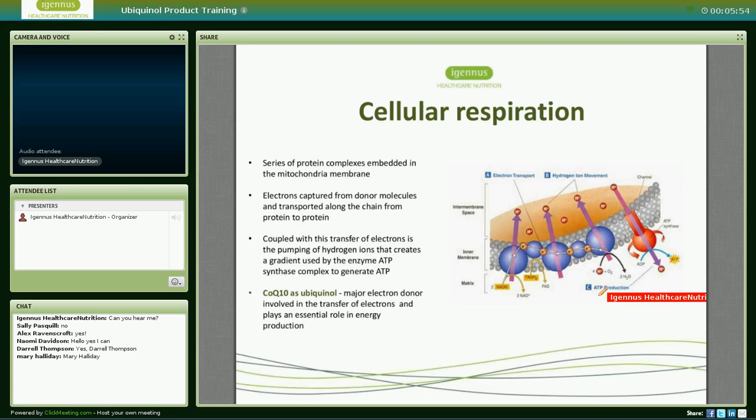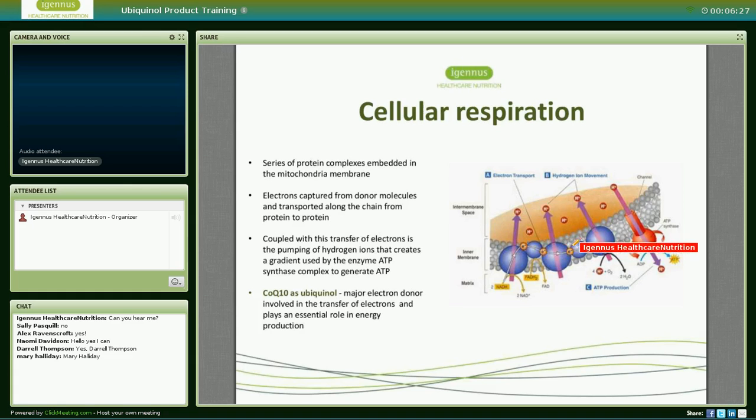If we have a very brief look at the electron transport chain, in its simplest form, it's a series of protein complexes that are embedded in the mitochondrial membrane. Electrons are captured from donor molecules and transported across the chain from protein to protein. And it's coenzyme Q10 in the form of ubiquinol which provides the major electron donor involved in this transport chain.